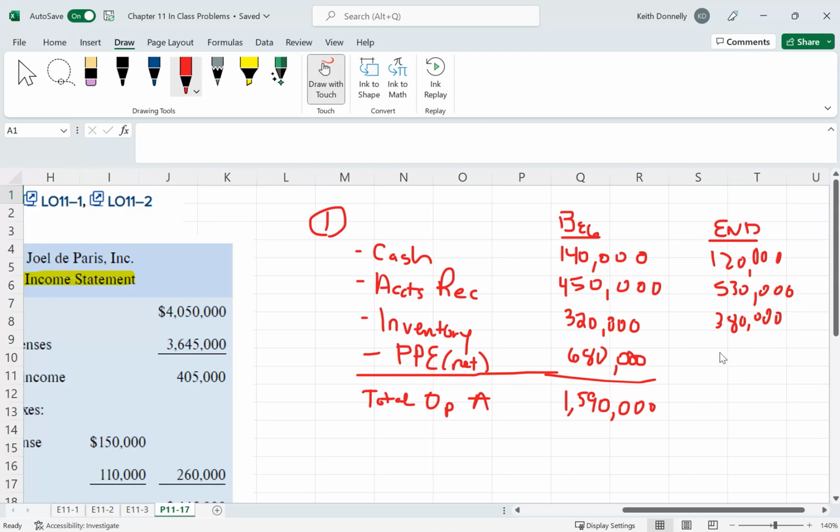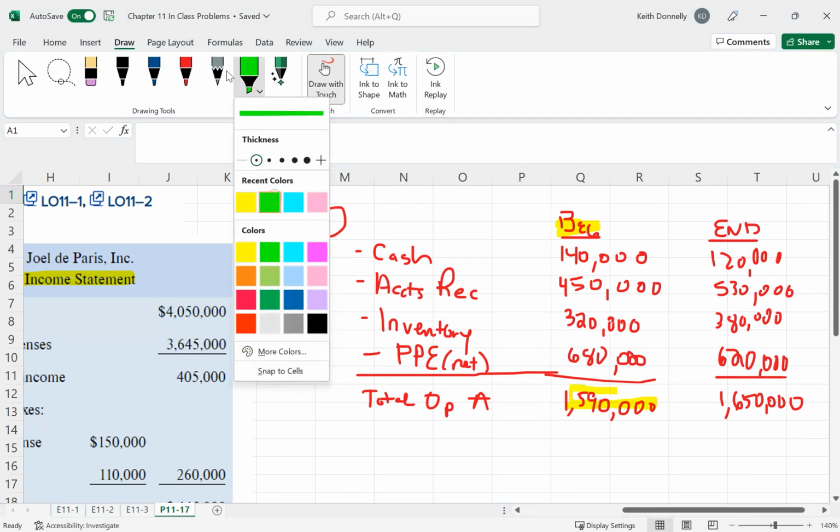And then we have 620,000. Okay, we add those up. It's going to be 1,650,000.